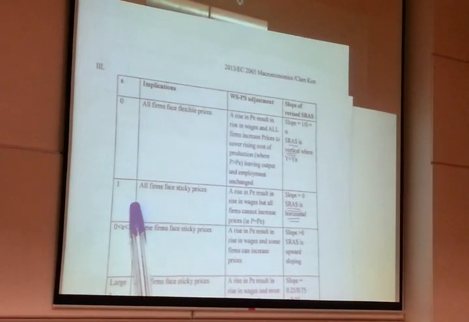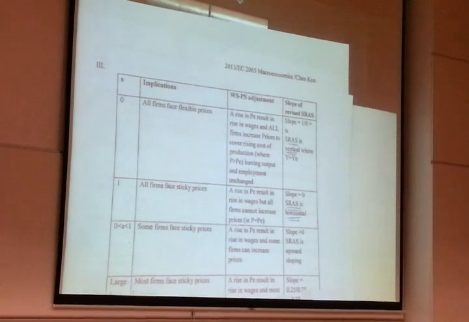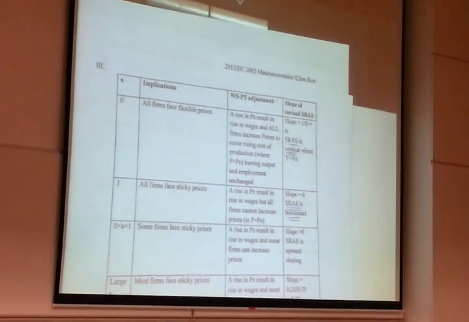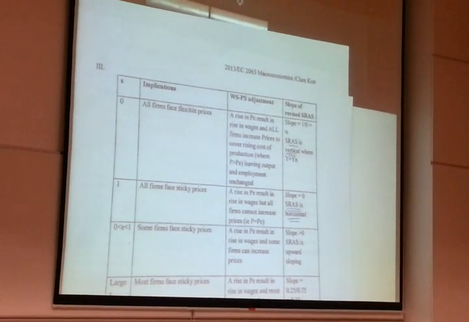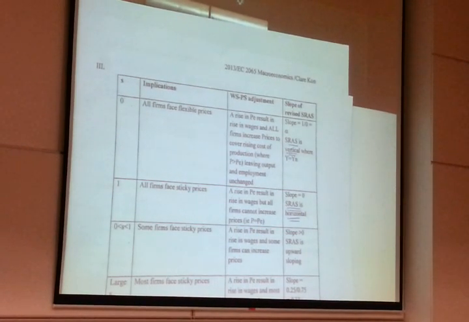If S equals 1, it's 100%. All the firms cannot adjust prices. So if there's an increase in wages, they don't need to increase price because they have already marked up. In this case, they can increase output.